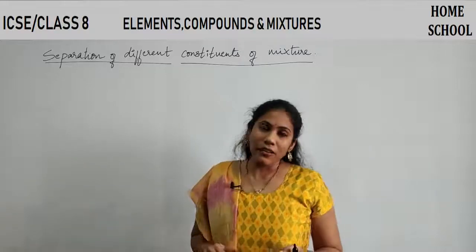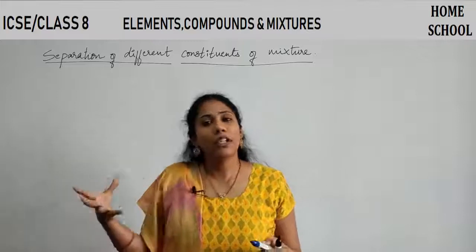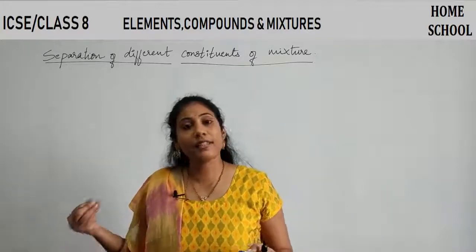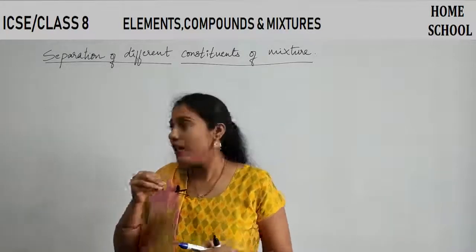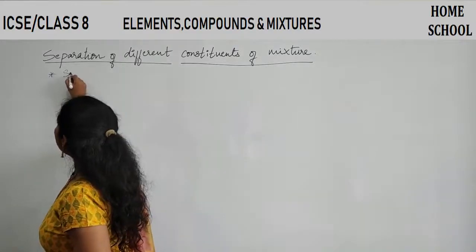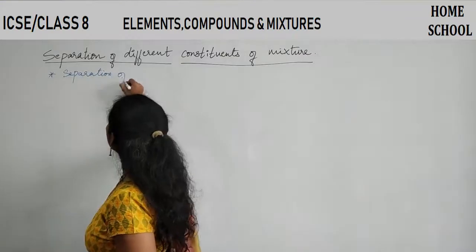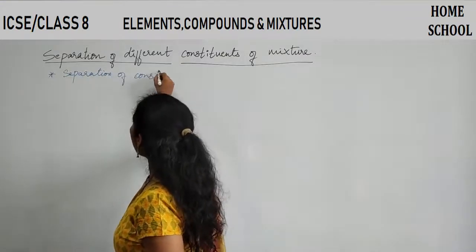And see here, on what basis we select a particular method depends on certain factors. Clear? So what I am going to write here is separation of constituents of mixture.